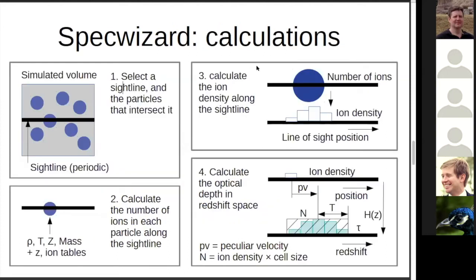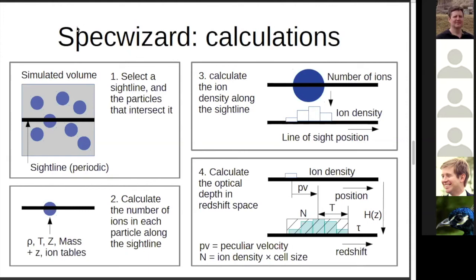So then to get to the actual calculations, first you have to select a sightline. Where do we want to calculate a spectrum in Eagle? Then for each particle, you use these inputs, the density, temperature, abundances, and mass, with the ionization tables to calculate the actual number of ions in your element.